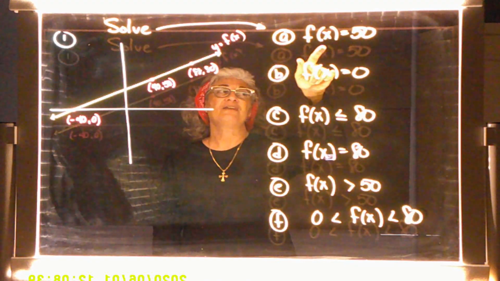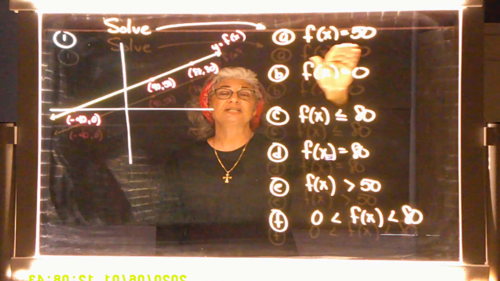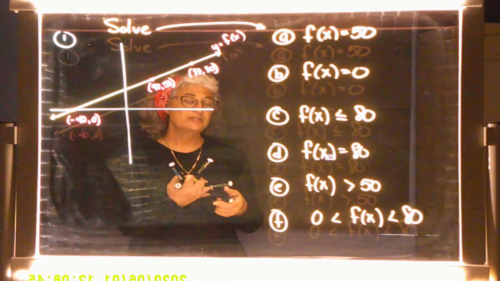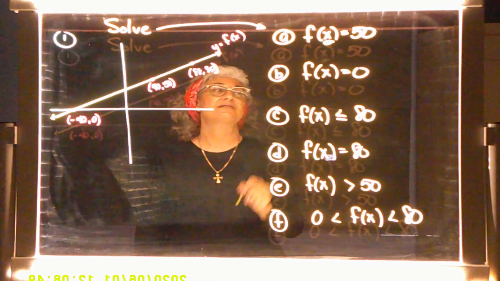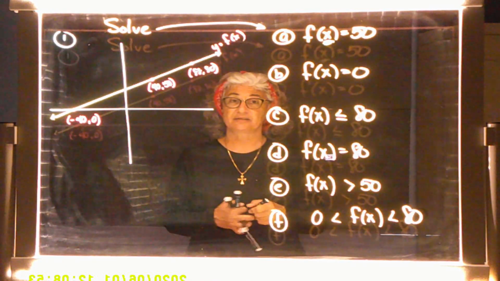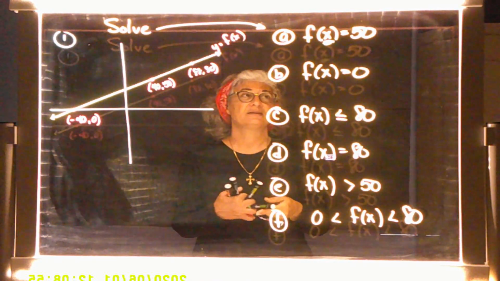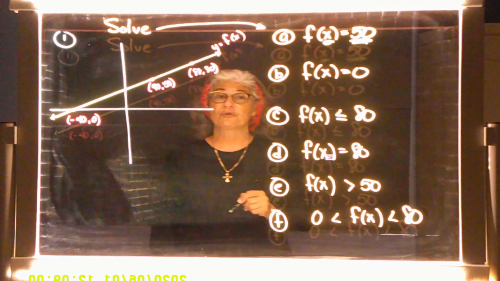So, it says f of x equals 50. Now, if I take a look at this, what I'm noticing is that I do not know what x is. Because x is actually written, isn't it? But this over here stands for the y value.